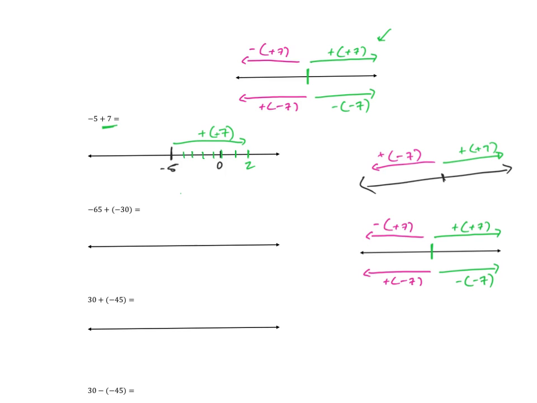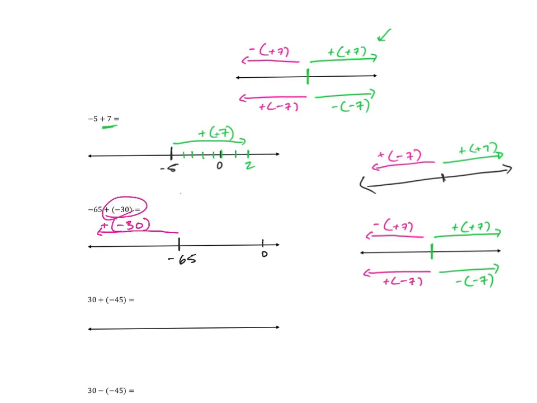Again, if I'm starting at negative 65, and I'm adding a negative number, I'm going to the left. So I'm going to add negative 30. For those of you who are struggling with this, I really think this is the simplest way to look at it: you look first at the action that's happening, adding negative 30, and then put down what number you're starting with, negative 65.